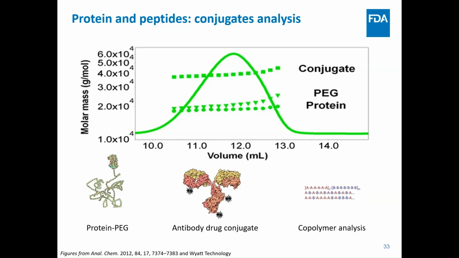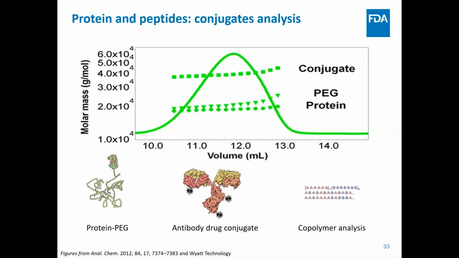For example, a protein can be modified with PEG, and because the signal response of PEG is different from the signal response of protein and peptide in the AF4 detector, we can utilize this difference to determine the conjugation efficiency, meaning how many PEG molecules are on the protein. By measuring the protein, the PEG, and the conjugate complex, we then know the ratio between the PEG and the protein.